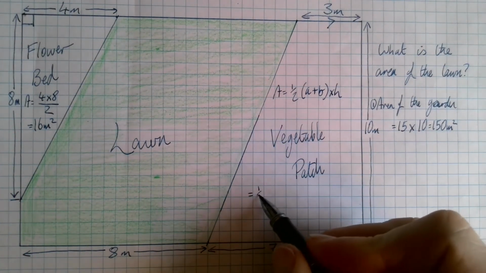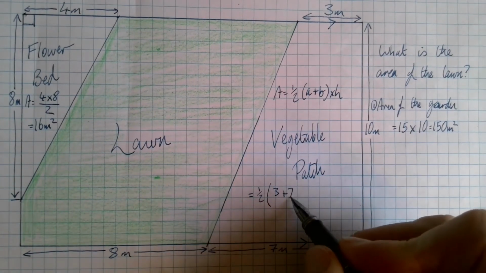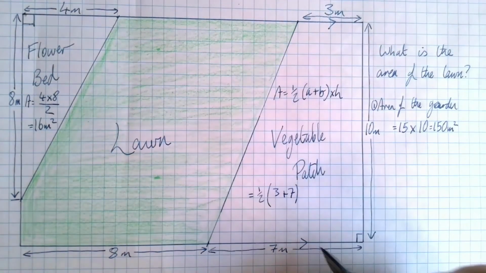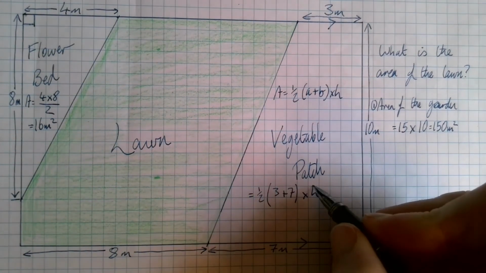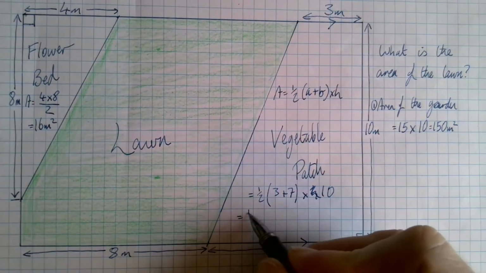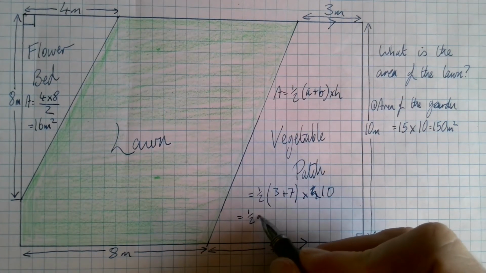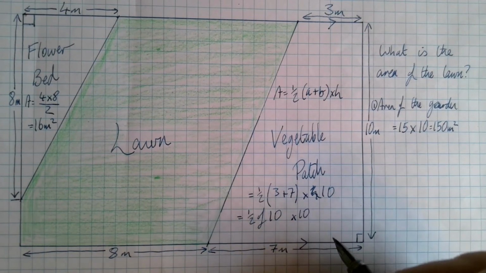So you should have a half, 3 plus 7 are your ones, and then that's going to be times by 10. Oh, h by 10, because the height is 10. So that's going to be a half of 3 plus 7 is 10, and that times by 10.